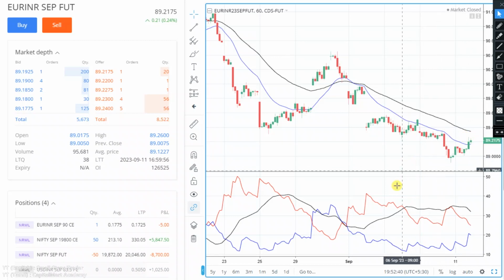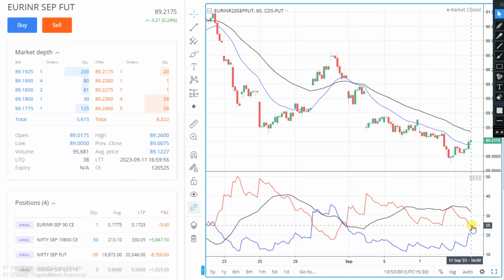The underlying indicator, our ADX, says that so far it was below the 15 mark. Now it has come up nearly to 20. Now it's at the 20 line. So here also it is getting momentum.